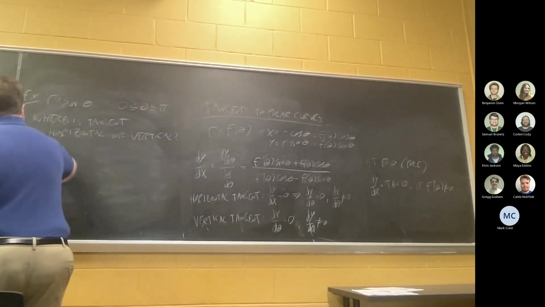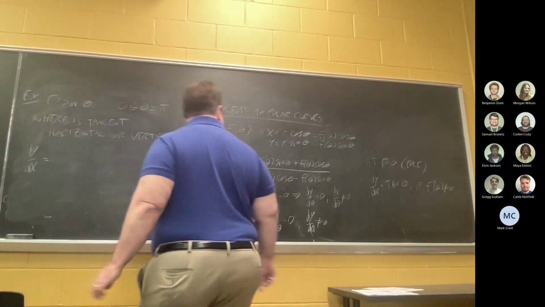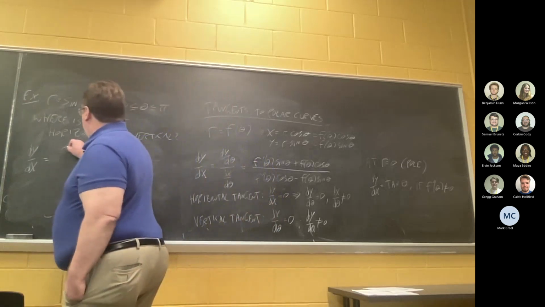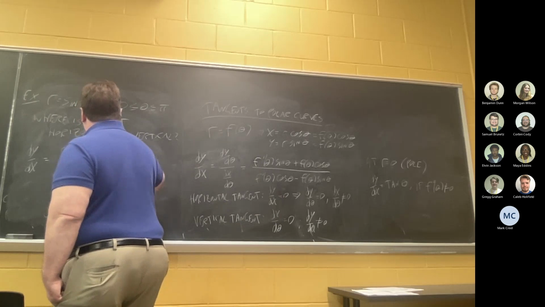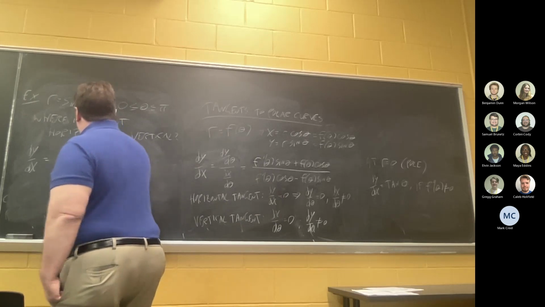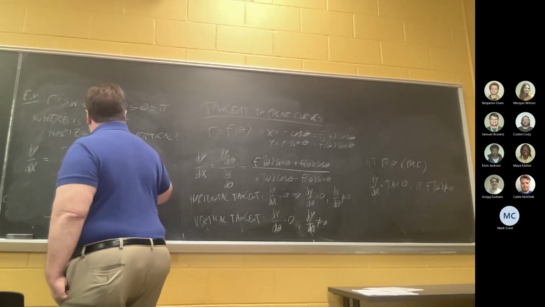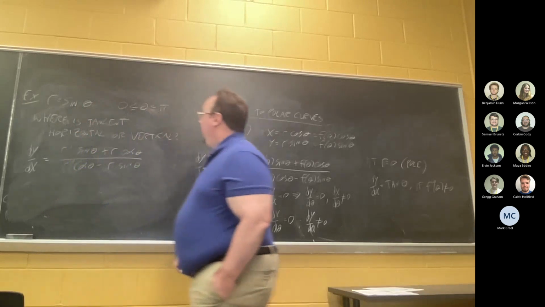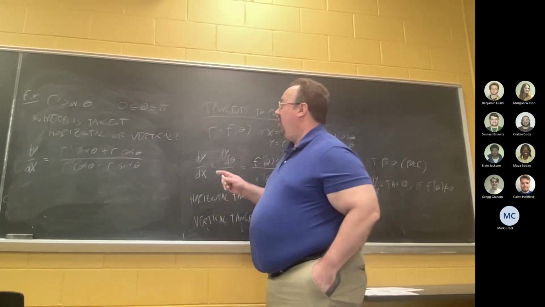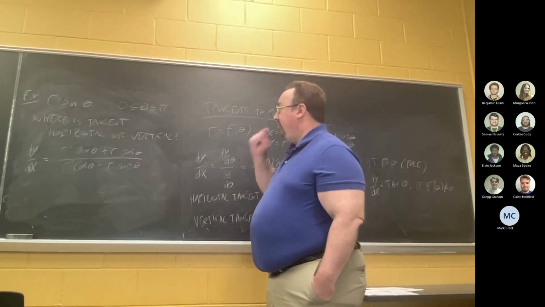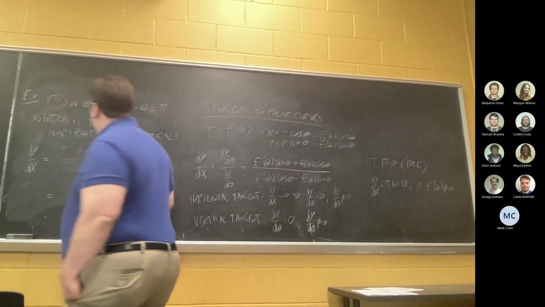So we look at a formula for dy/dx. Our general formula is (r' sine theta plus r cosine theta) divided by (r' cosine theta minus r sine theta). We fill in the fact that r in this case is equal to sine theta.